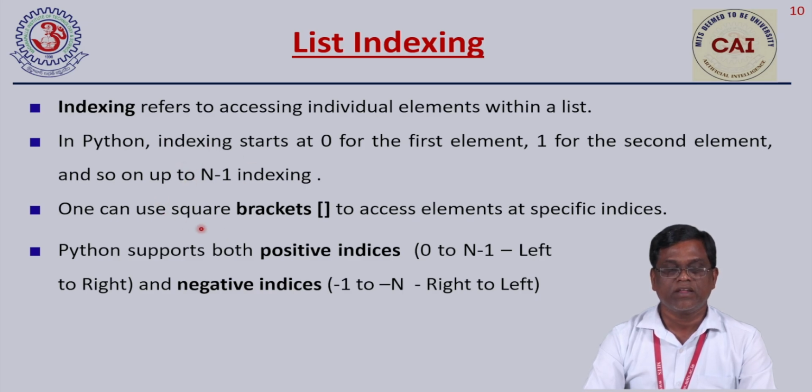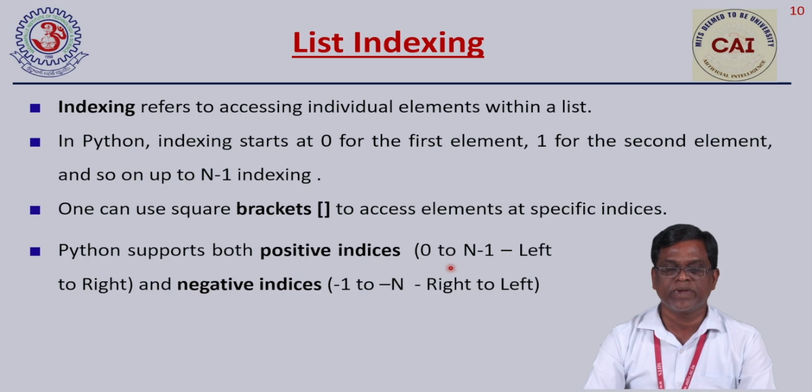Whenever we want to access a particular element by specifying its index, we need to use square brackets. Within those square brackets, we represent the index of that particular value. Another important point is that Python supports both positive index values and negative index values.